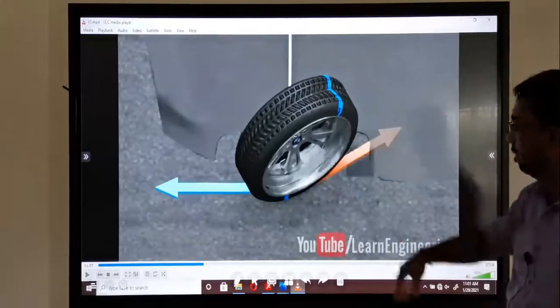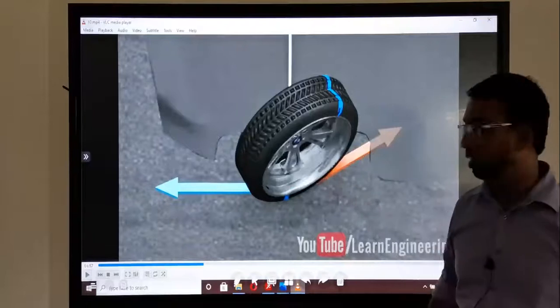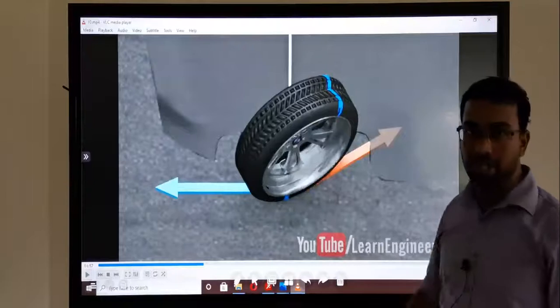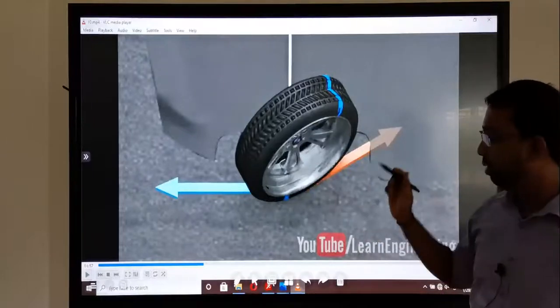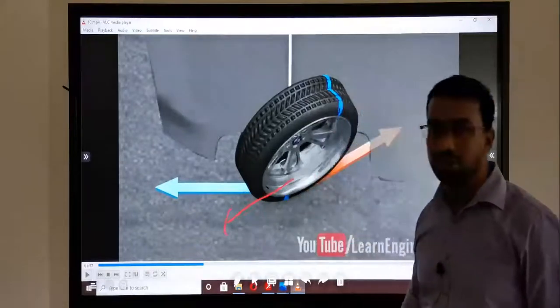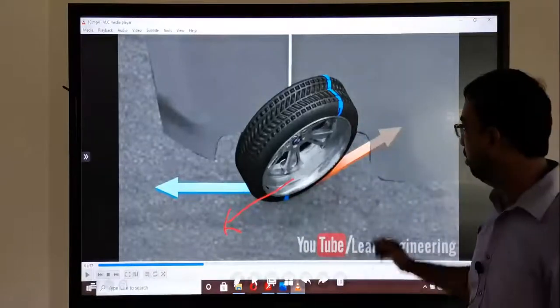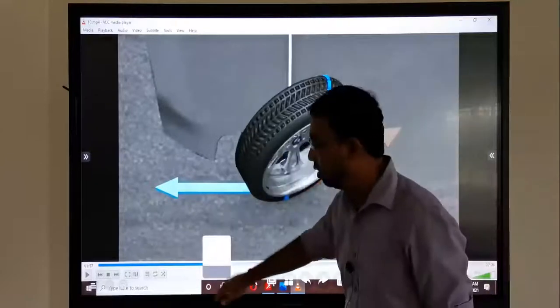Here, this is not in the opposite direction, so it's not zero. So it's going to slip when steering the vehicle. So we have to change the direction of this translational force to this direction. So now the rotational velocity and translational velocity are going to balance.